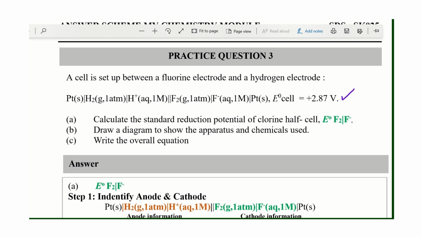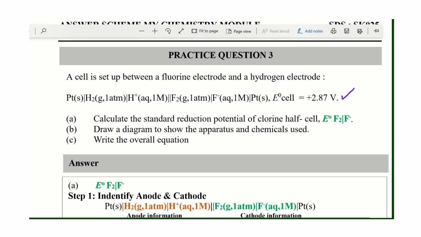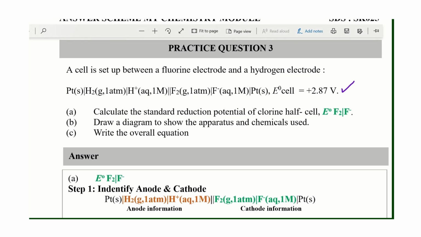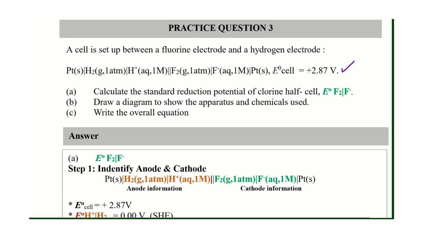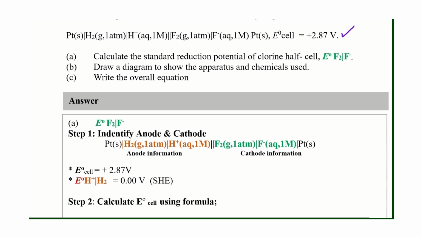A, calculate the standard reduction potential of the chlorine half cell. B, draw a diagram to show the apparatus and chemicals used. And C, write the overall equation. So we solve this problem one by one.